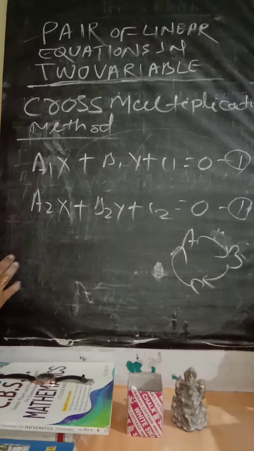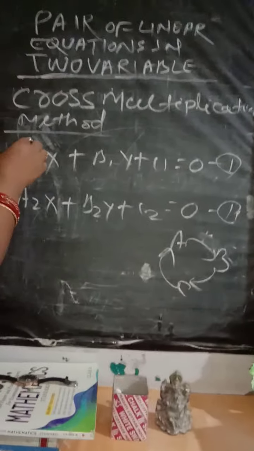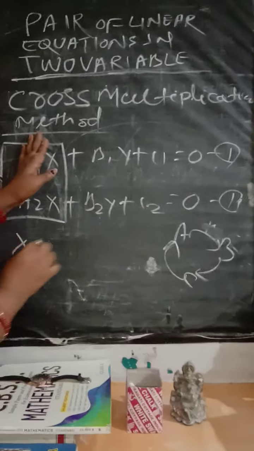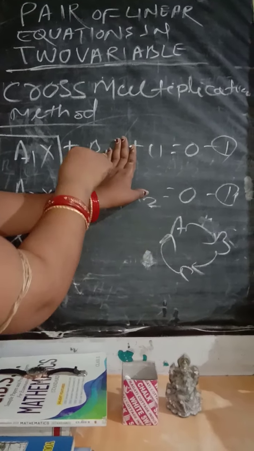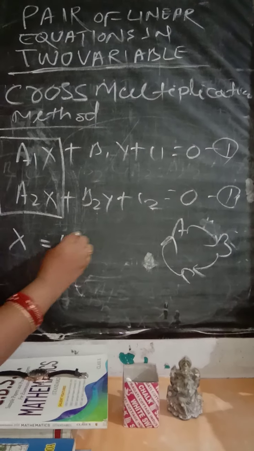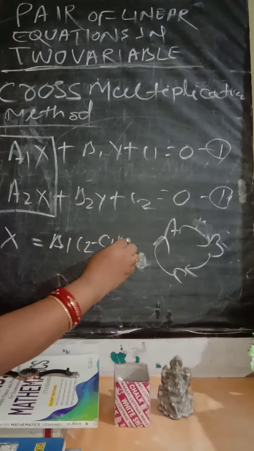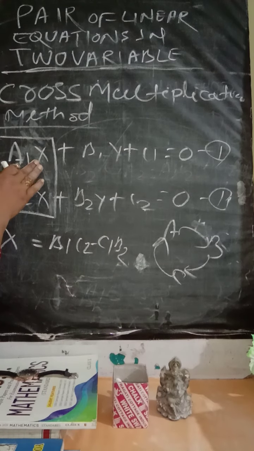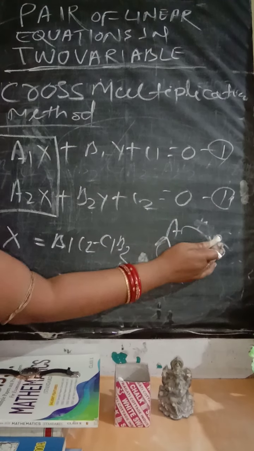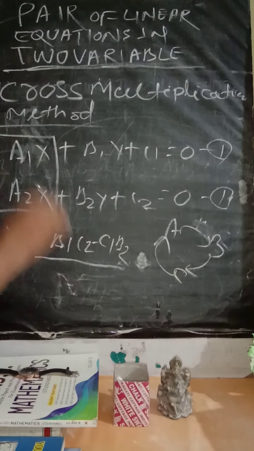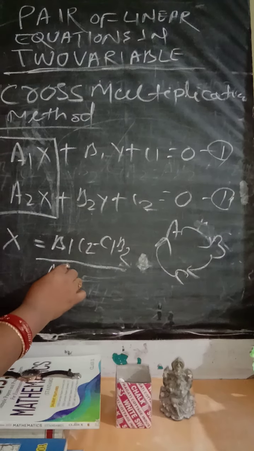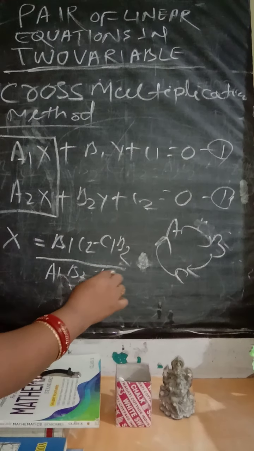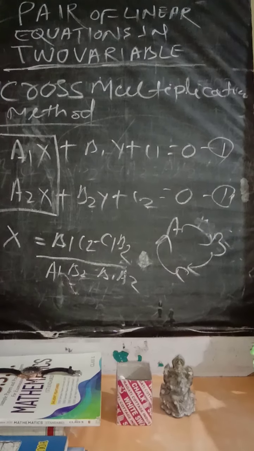So when we think about the value of x, omit the x side. x is equal to, then what we will get, the value will be b1 c2 minus b2 c1. In x, a is there, so we think bc, and for every solution the denominator is a1 b2 minus b1 a2. It is easier to remember forever.